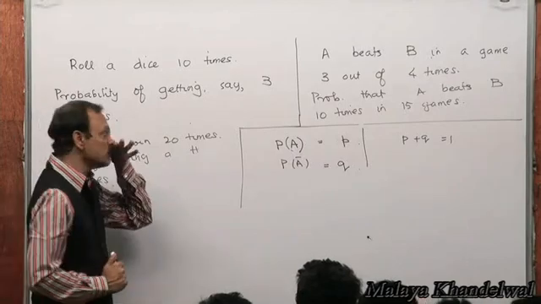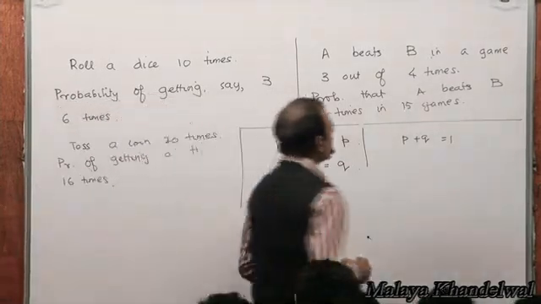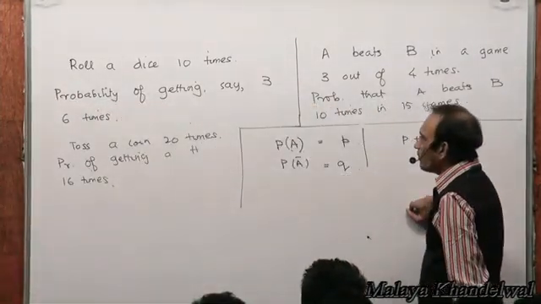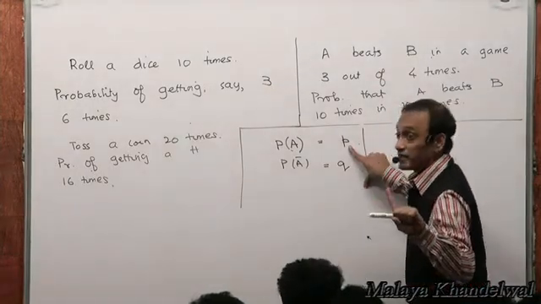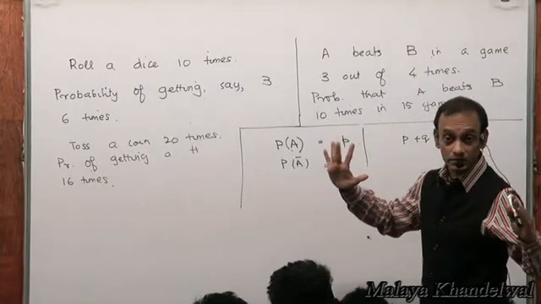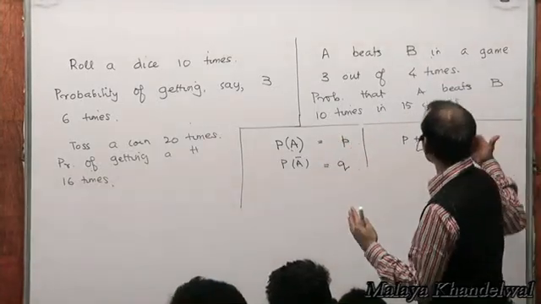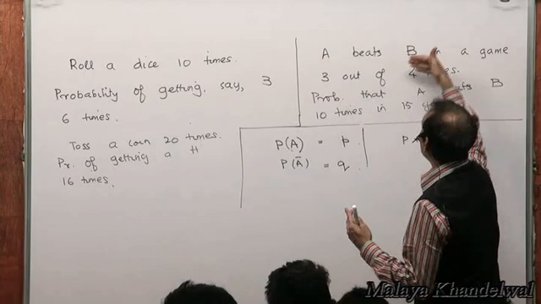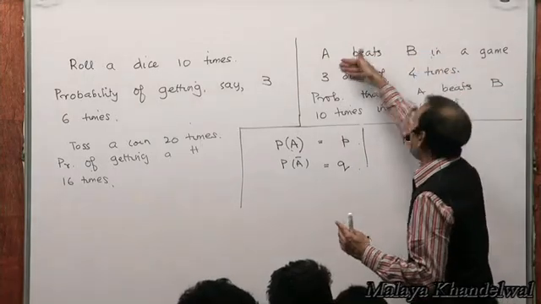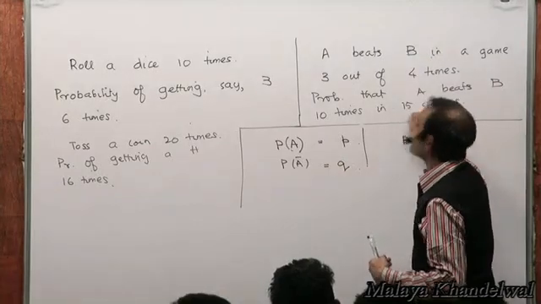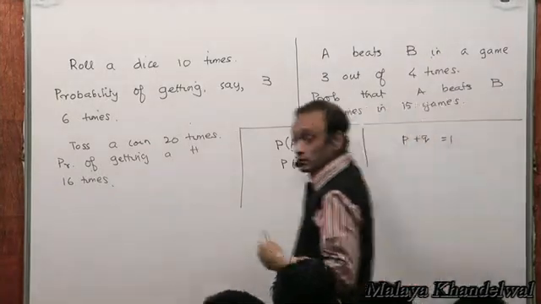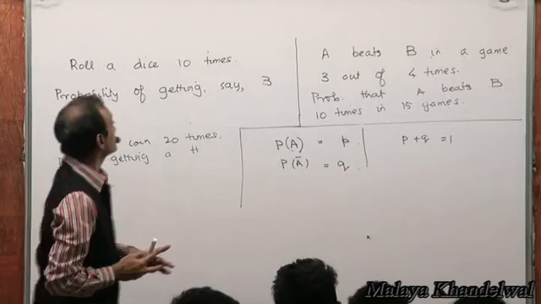Now, this is in one trial of that experiment. In this case, we are talking of multiple trials, right? A and B playing a game that is performed 15 times. Number of trials are 15.